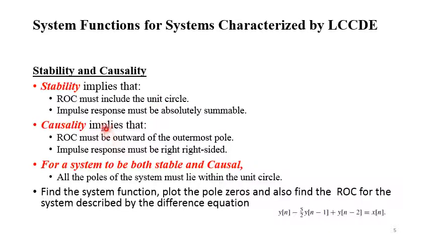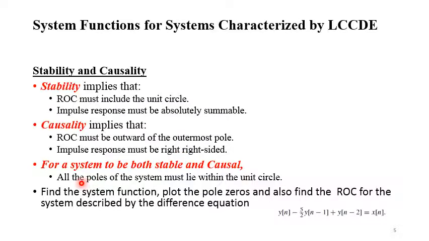Similarly, causality implies that the ROC must be outward from the outermost pole. So for a system to be causal, the impulse response must be right-sided. That's very clear to you because we have done these things so many times.